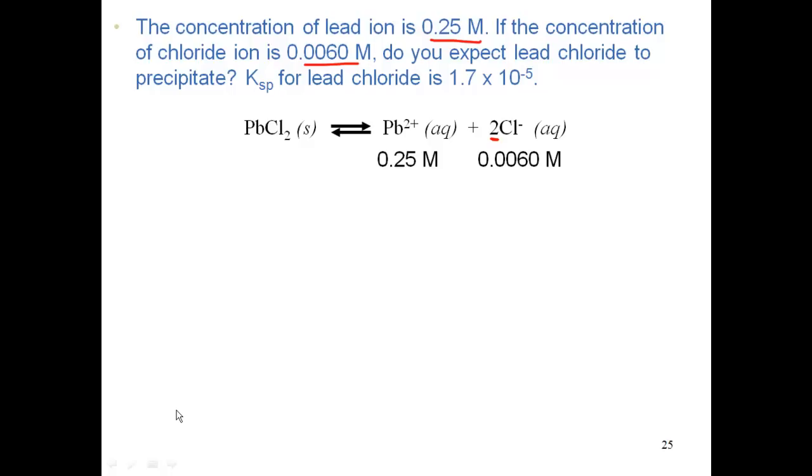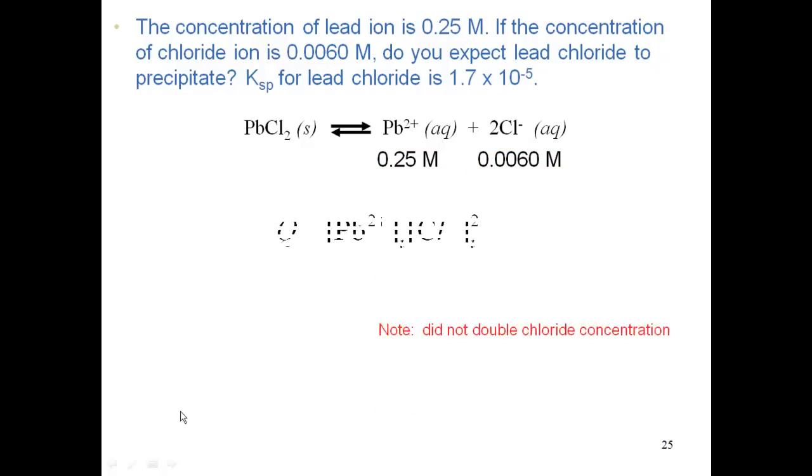My pool of stuff is 0.25 and 0.0060. That's all I have. I can't double it just because I need a 1-to-2 ratio. It's an important concept, something to remember. If you were to account for that 2 in this problem, you'll get the wrong answer. So you've got to read the problem to see what you have. If I'm coming from the molar solubility of the substance, then I have to account for it. If I'm not coming from the molar solubility, then I do not.